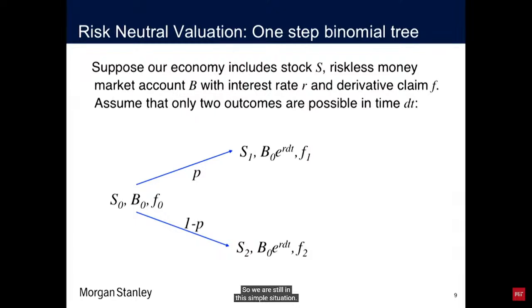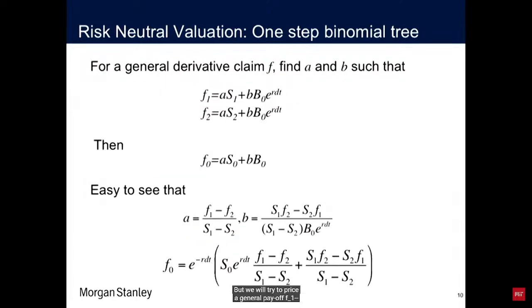So we are still in this simple situation, but we'll try to price a general payoff F. And here is how it goes. We still will try to form our replicating portfolio out of some amount of bond and some amount of stock.